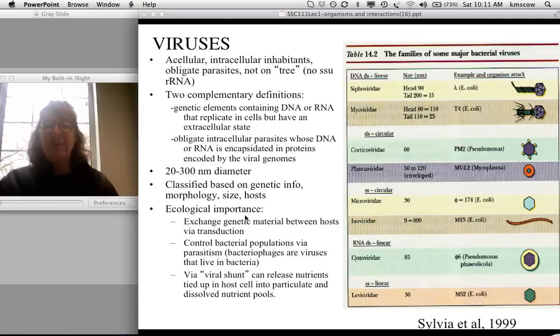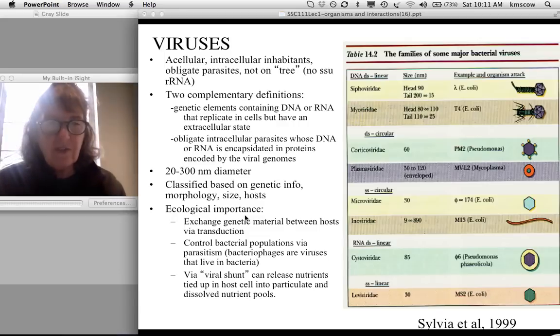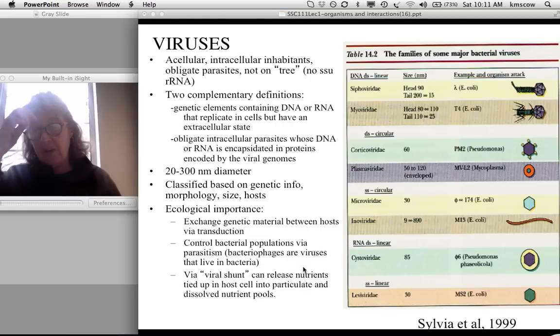But let's think a little bit about their ecological importance. They are important for transduction, for moving genetic material between different hosts, so could be very important in that process. Also, they're parasites, so they can be very important in controlling bacterial populations.